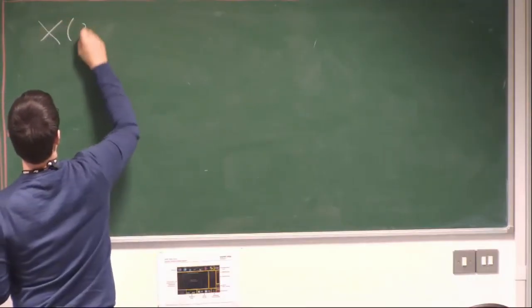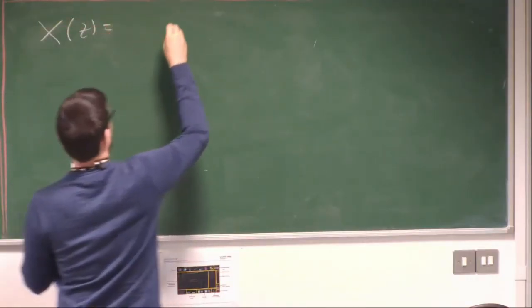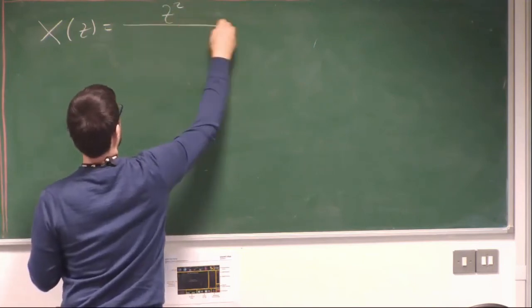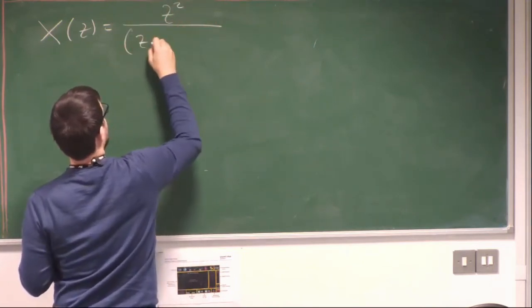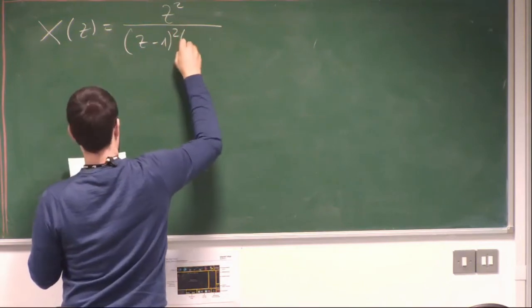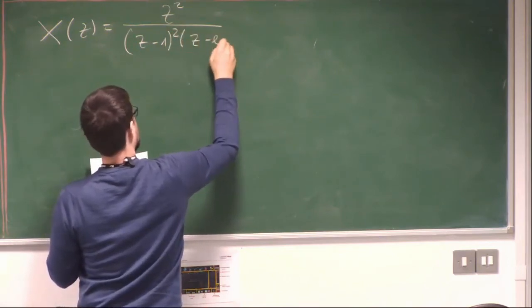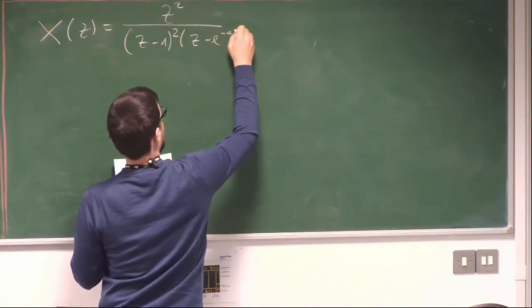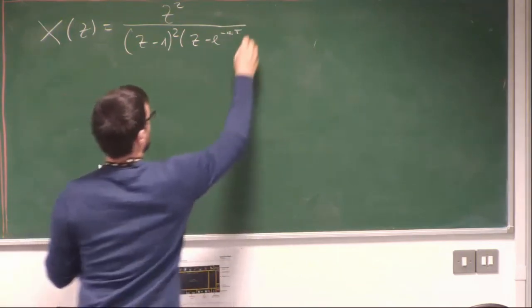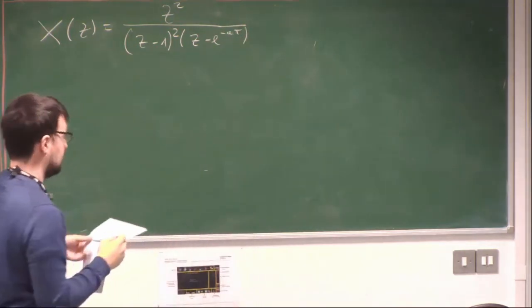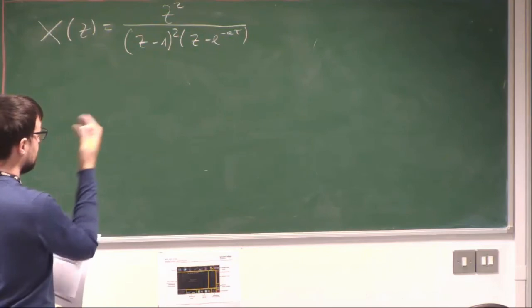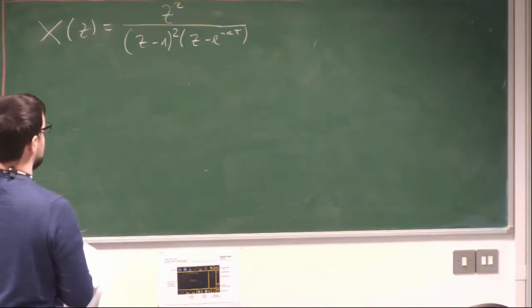The example that we do is X(z) equal to z^2 over (z-1)^2 (z - e^(-at)). So how do we compute the inverse Z transform of this function?